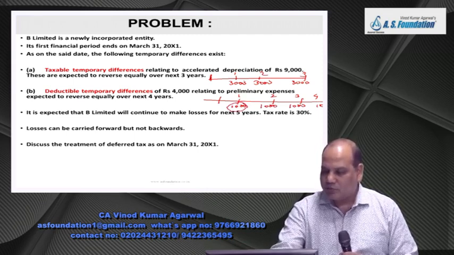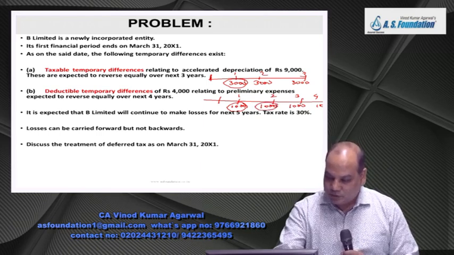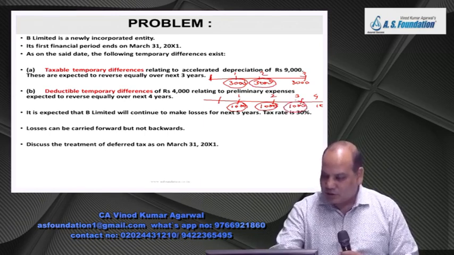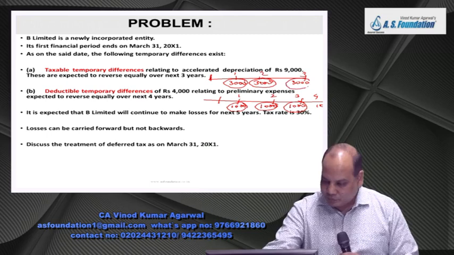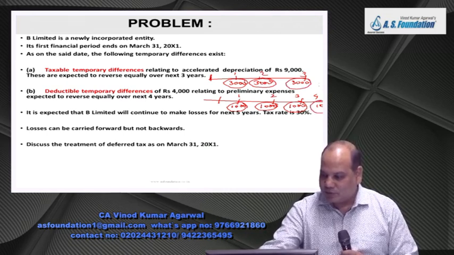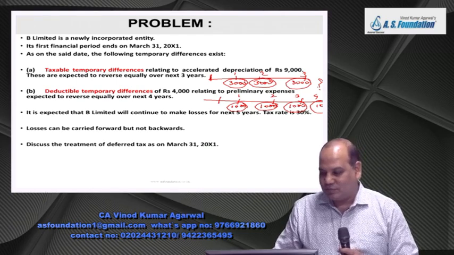When this will reverse, we have sufficient reversal of TTD. When this third 1,000 will reverse, we have sufficient TTD, but when this fourth one will reverse, there is no sufficient TTD there.